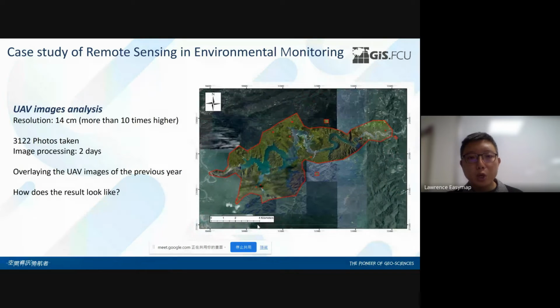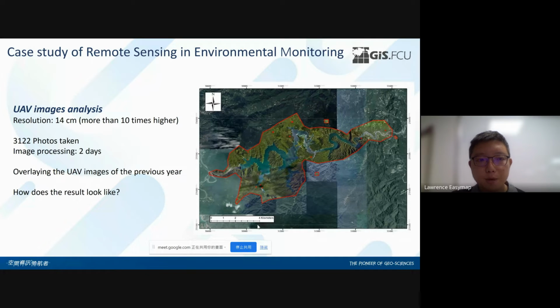So when we go back to our case in the reservoir, here is the UAV image analysis. Overall, the resolution of our UAV image is around 14 centimeters, which is around 10 times higher than the resolution of the satellite image.